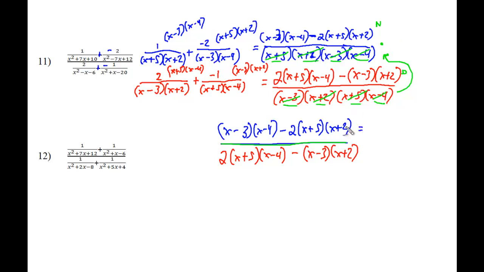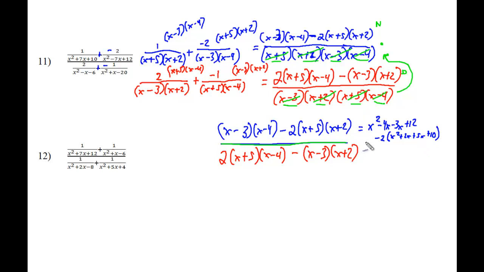To do my distribution up here, I do have to FOIL this. So that's going to be x squared minus 4x minus 3x plus 12. And then I'm going to have this minus 2 times x squared plus 2x plus 5x plus 10 over.